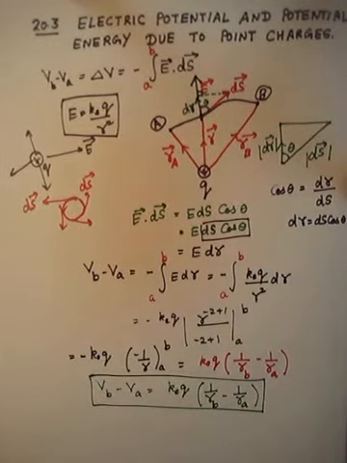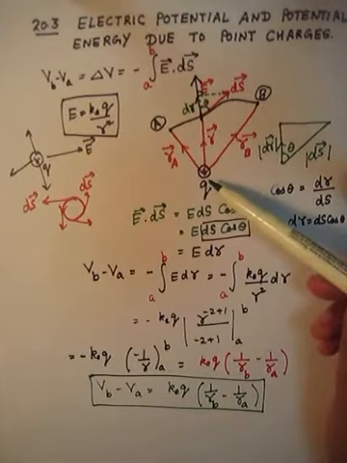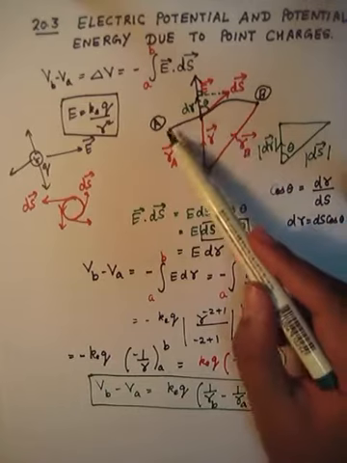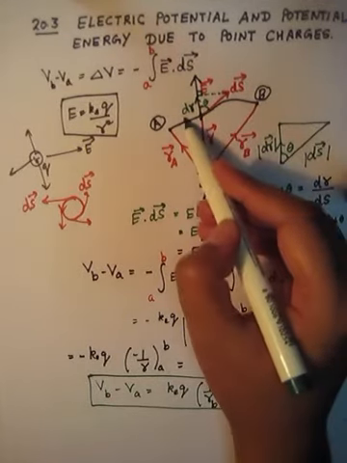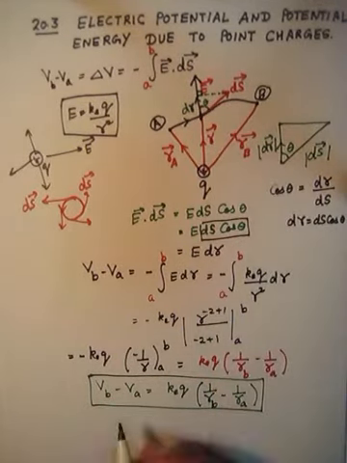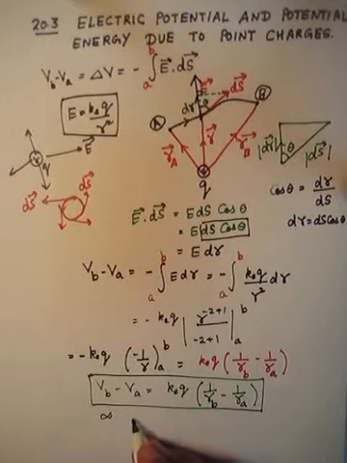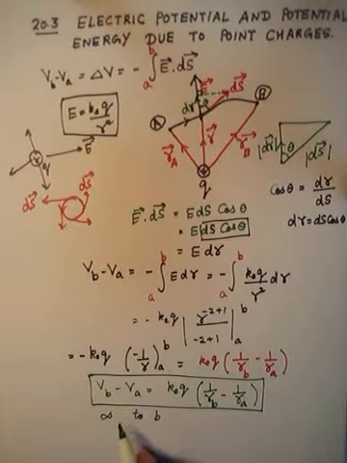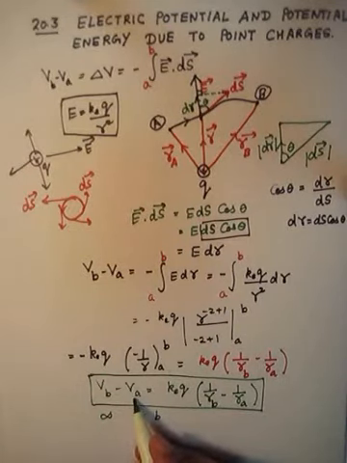So this will be the potential difference about a point charge when we are moving from a point A to B. Now suppose that instead of moving from A to B, you're moving from an infinite point to any point B. So it means that A will be at infinity.